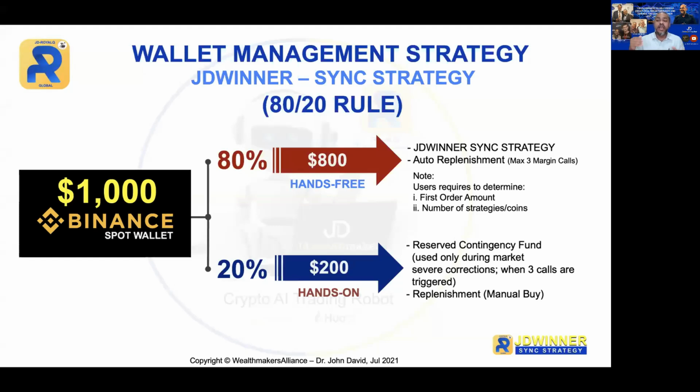This is what we call a manual replenishment or manual buy. Can you see that? All that you need to learn is just two things. One is how to do the scene strategy, and the next is how to do the manual replenishment. That's all. That's the beauty of the JDWINNER scene strategy, and everyone can learn this.